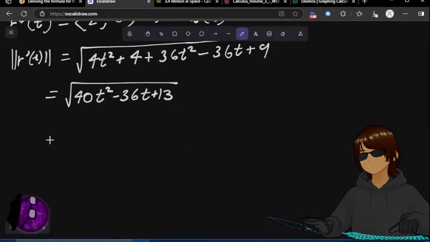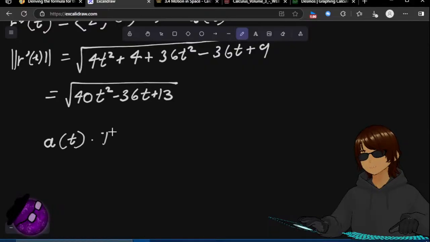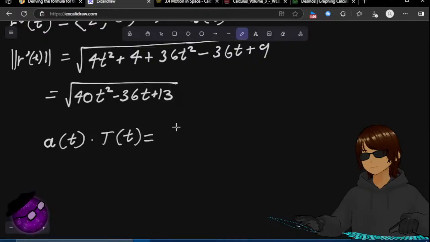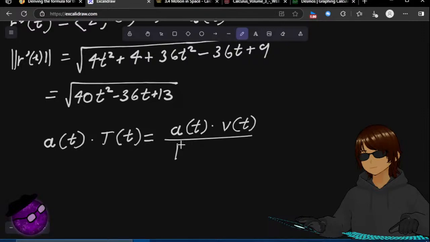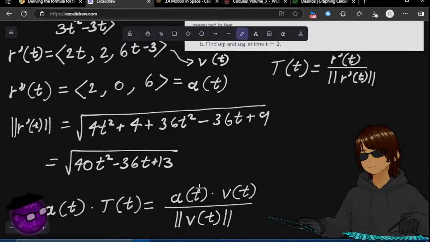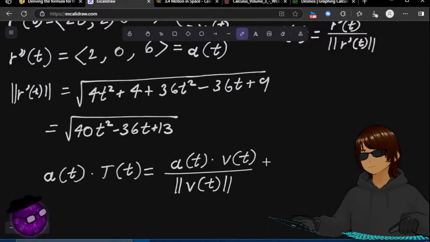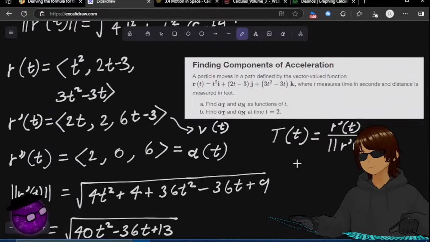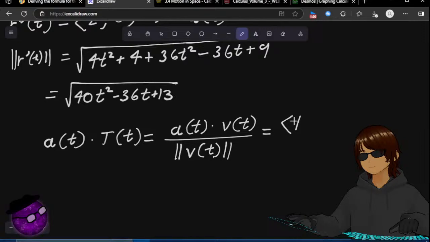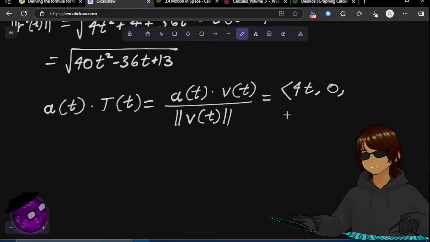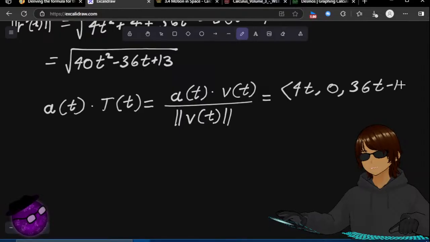So if we do a_T dot T, we are actually doing a dot v over the magnitude of v. And for a dot v, we multiply them component by component, right? 4t, 36t minus 18.